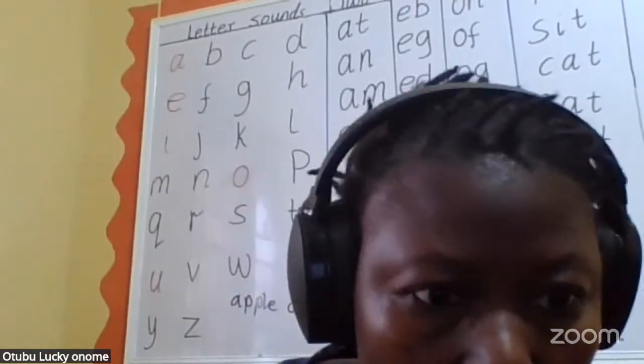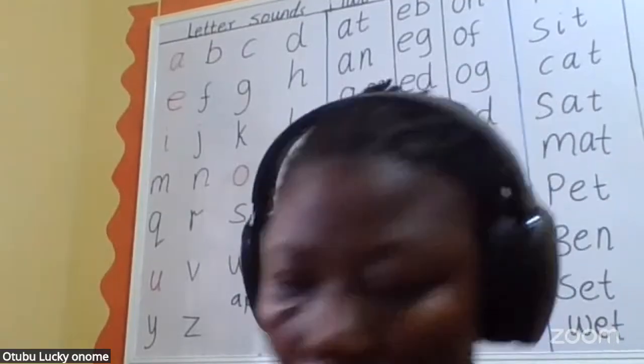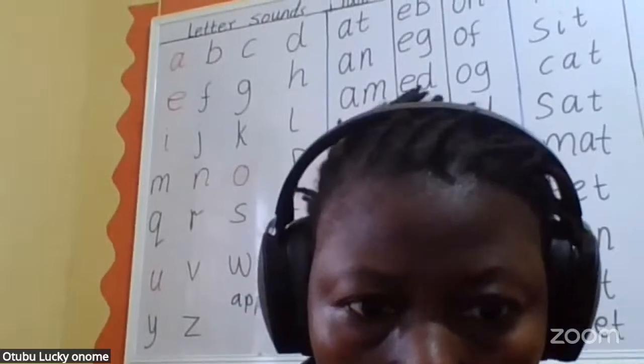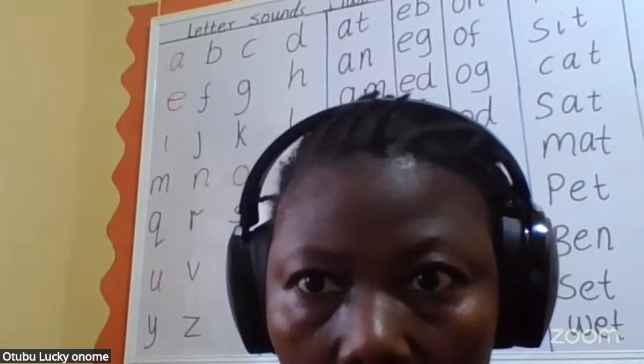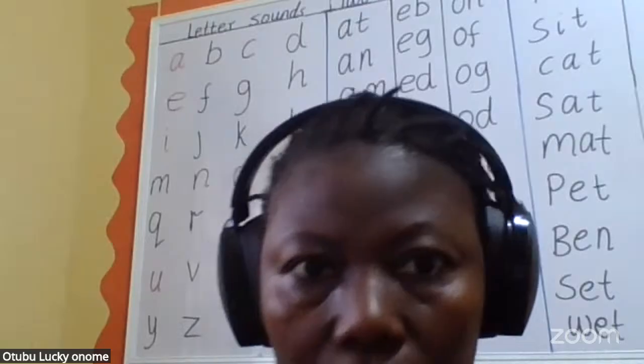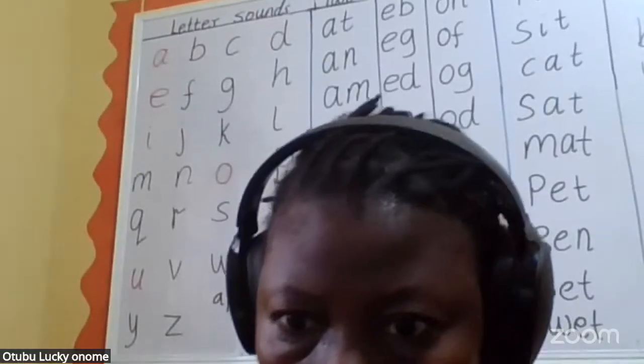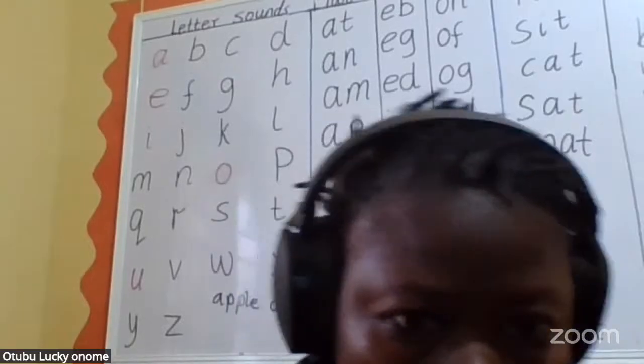Can you see the board, please? Good evening, all. Yes, good evening, ma'am. I can see the board. Okay, thank you. So I'm going to mute us now so we can start.